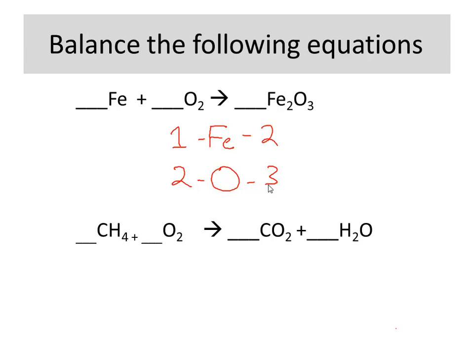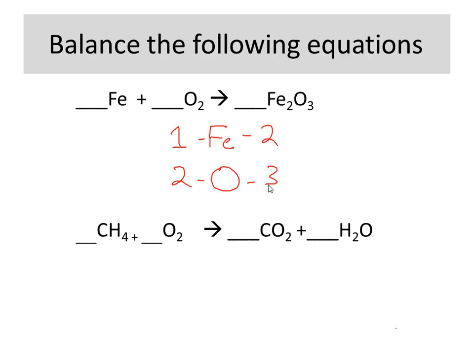So I have to figure out a way to balance this out. Now, since I know how to do this, I'm going to say let's start with the oxygens, because those are going to be a little more challenging to balance out. I can come back and do my Fe's after. So what coefficients could I put in front of here to have a common multiple? I have 3 oxygens here, 2 oxygens here.